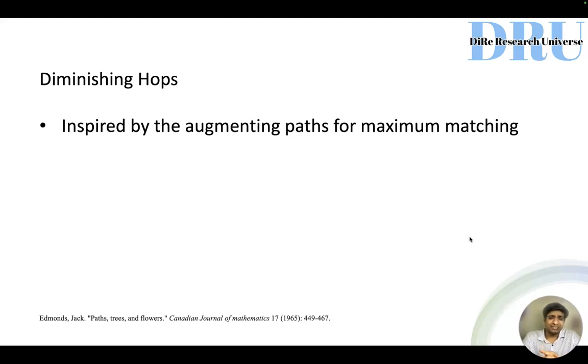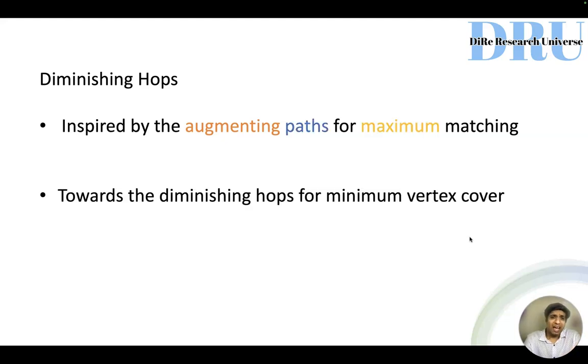This idea is heavily inspired by the use of augmenting paths for maximum matching. And specifically, there are three words in this sentence that got me really fixated: augmenting, paths, and the word maximum. So using this sentence, we are moving towards having diminishing hops for minimum vertex cover.